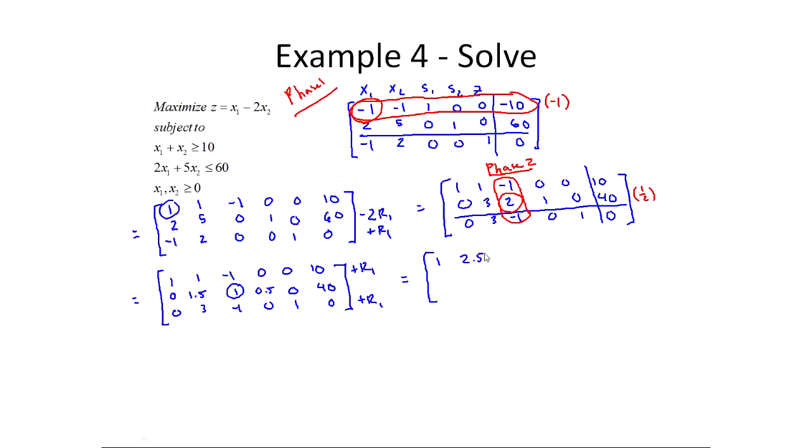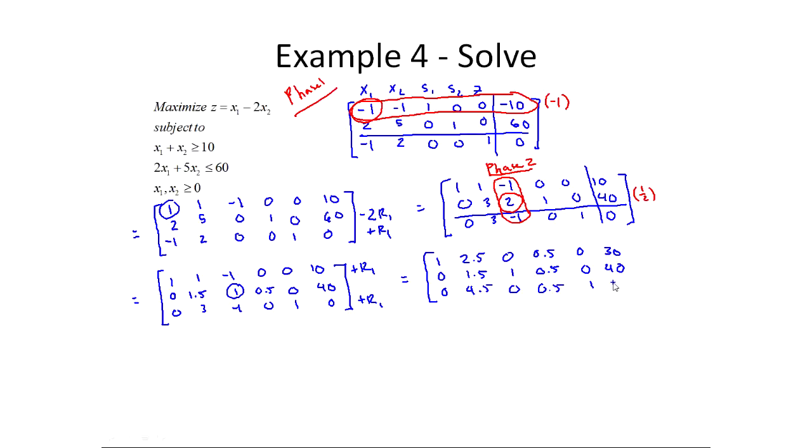I got 1, 2.5, 0, 0.5, 0, and 30. So you should get the same thing. The second row didn't change. And the last row becomes 0, 4.5, 0, 0.5, 1, and 40.